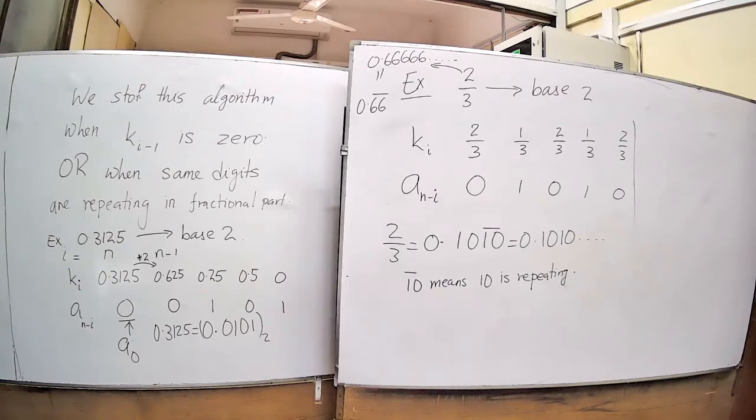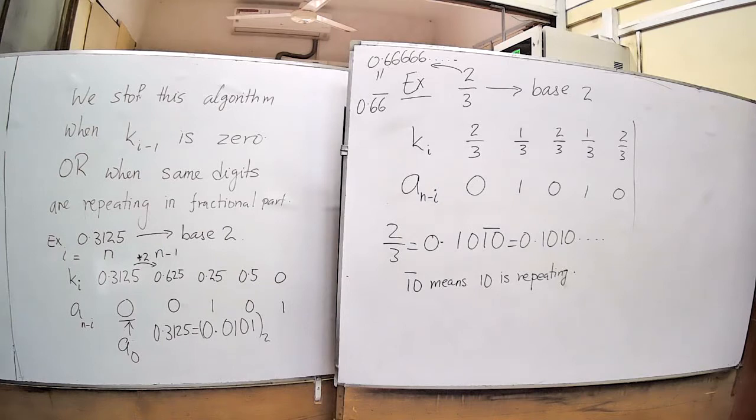There are fractions like that which will have digits repeating again and again. So you need to be careful in transforming from base 10 into a base B fraction.